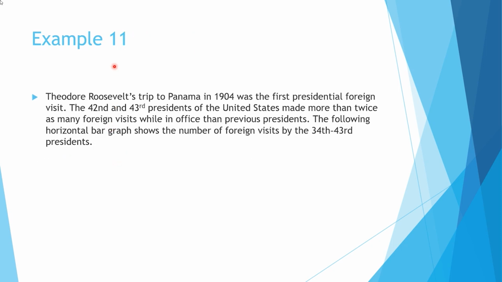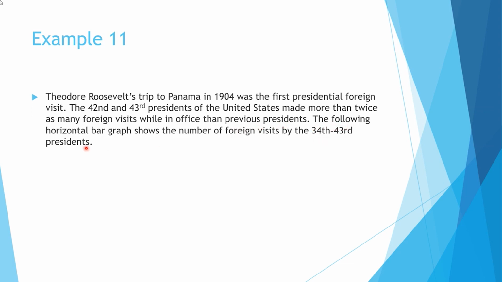All right, example number 11. Theodore Roosevelt's trip to Panama in 1904 was the first presidential foreign visit. The 42nd and 43rd presidents of the United States made more than twice as many foreign visits while in office than previous presidents.